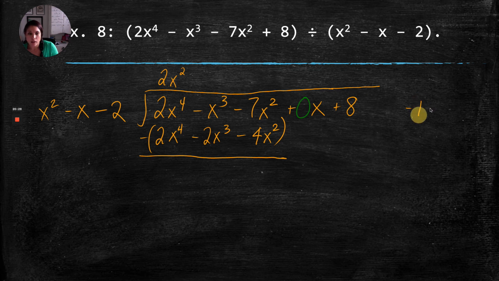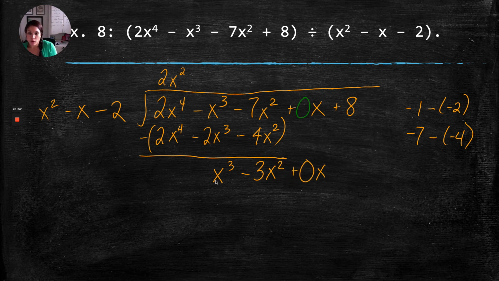Negative 1 minus a negative 2. This is negative 1 plus 2, which is a positive 1. So this is x cubed. A negative 7 minus a negative 4, this becomes addition. So negative 7 plus 4 is negative 3x squared. And I bring down my next term.